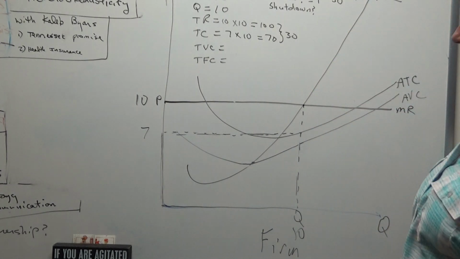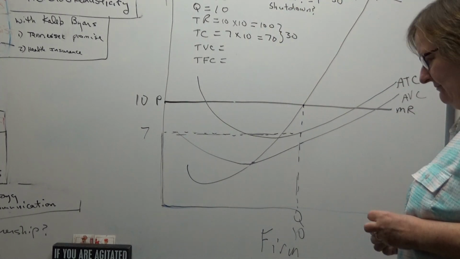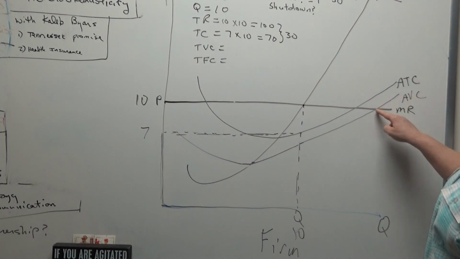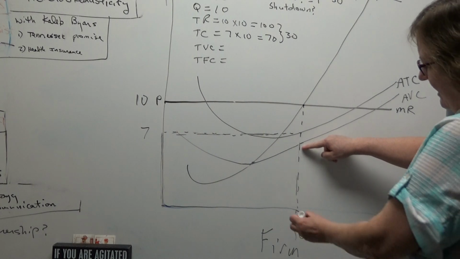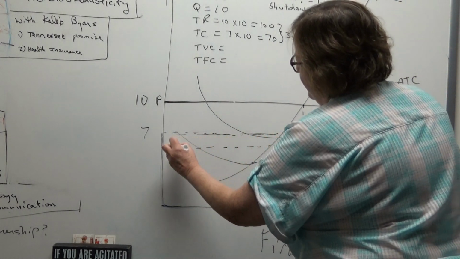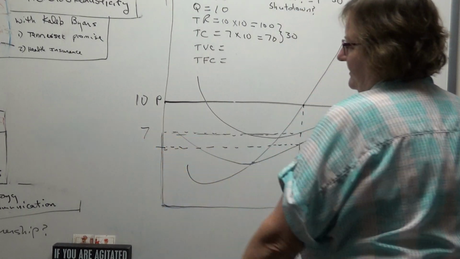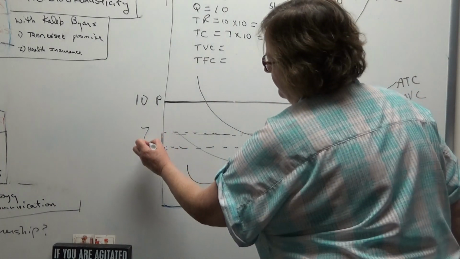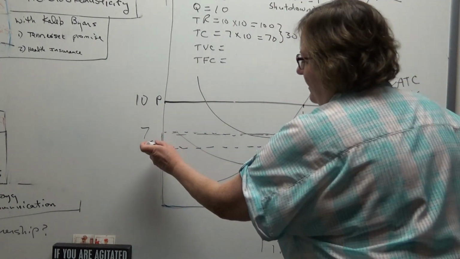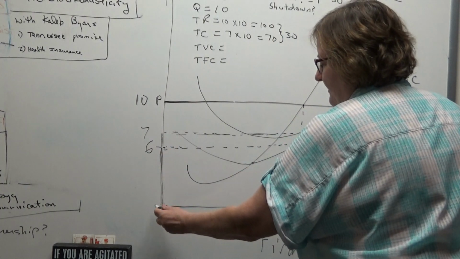Okay? Total variable cost. Well, we would have to go to the average variable cost curve at the quantity, and it would be that high. So what do I say that is? 6. So we'll say that 6 tall is the average variable cost times quantity.